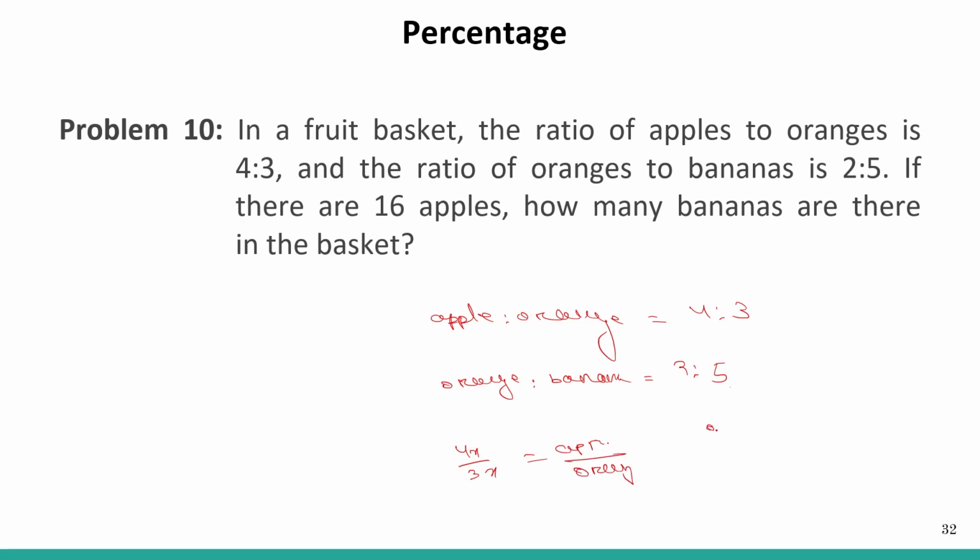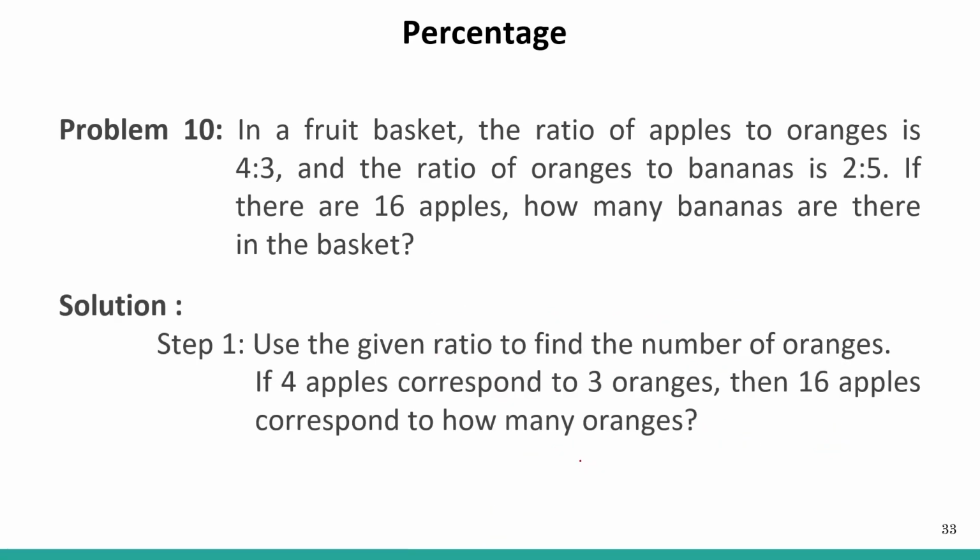And orange by banana is equal to 2 by 5, that is 2x by 5x, or 2y by 5y. So this implies that, how many bananas are there?